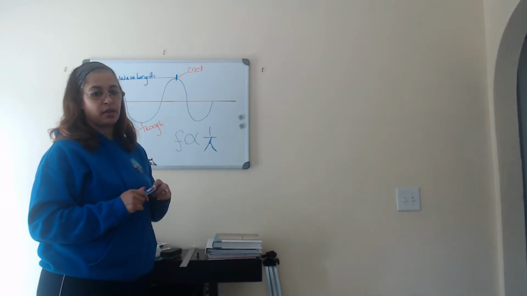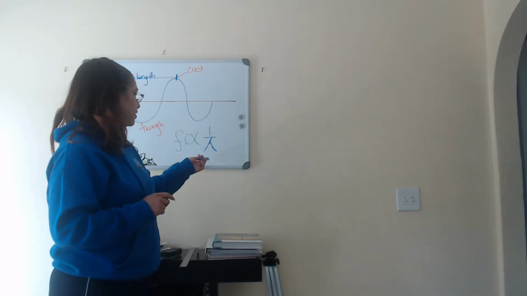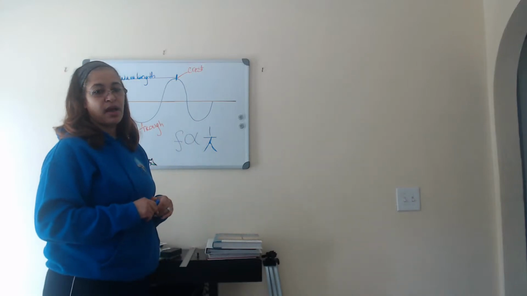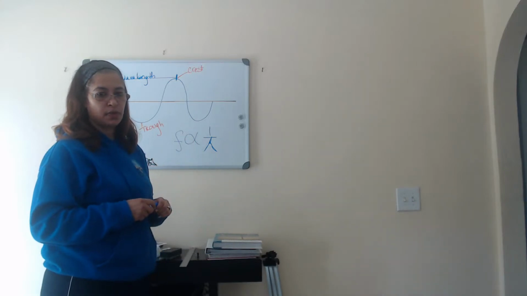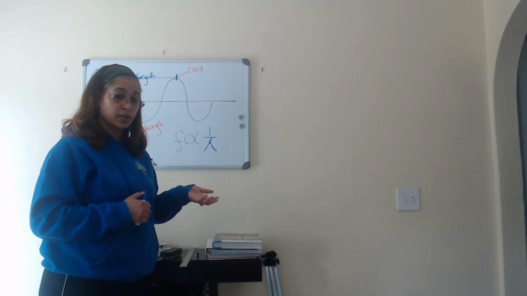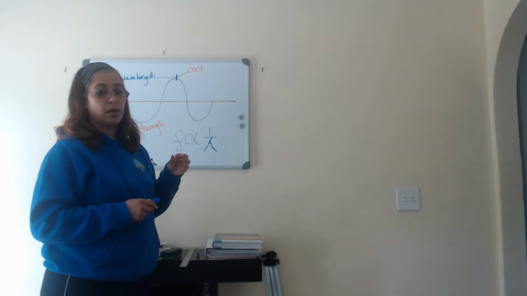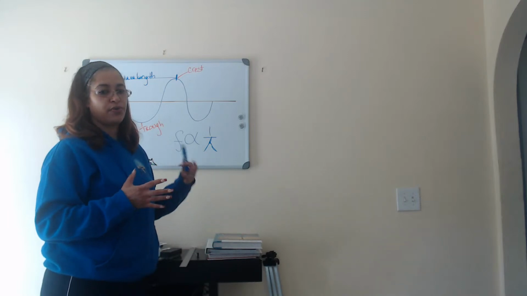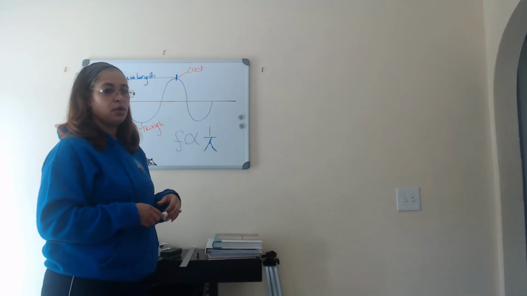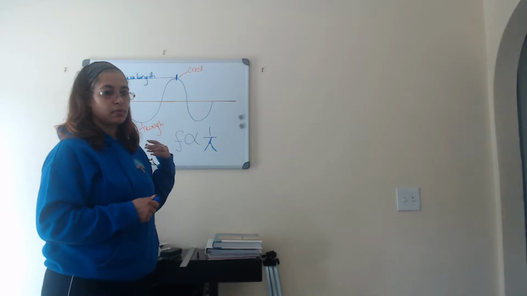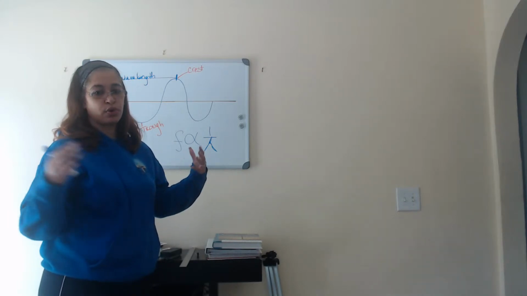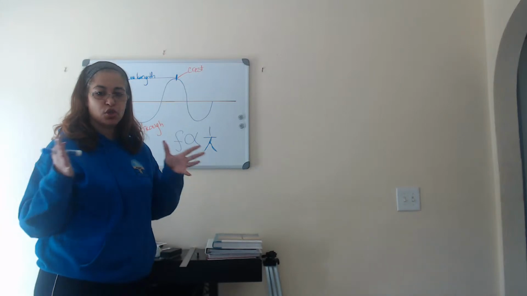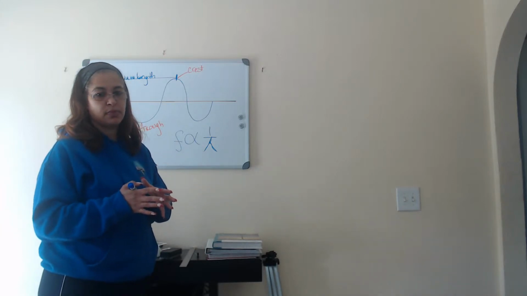So if you have a wavelength of 10, you have 1/10. That is smaller than 0.2, so your frequency at that point would be the lowest. So the greater the wavelength, the lower the frequency.